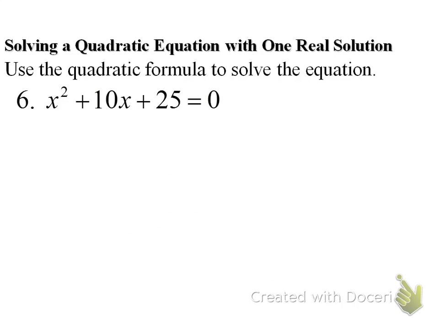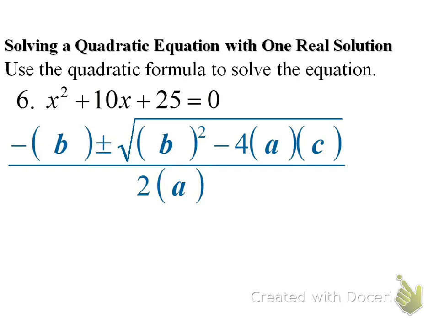Here's another one. Again, directions say we'll have one real solution, so I'm assuming we're going to get a 0 in our discriminant, but let's go ahead and work through it. So I'm going to replace the b with a 10, so I have negative 10 plus or minus the square root of 10 squared minus 4 times 1 times 25 all over 2.